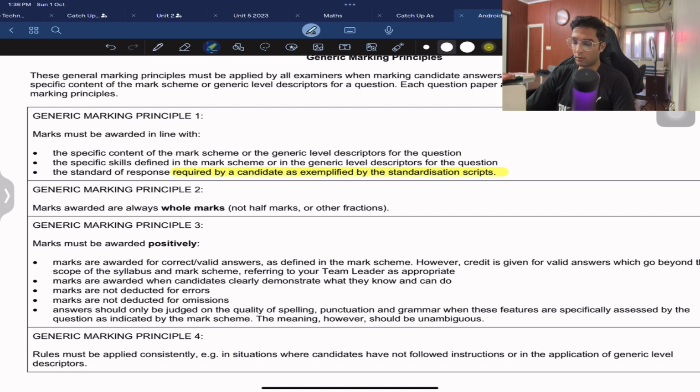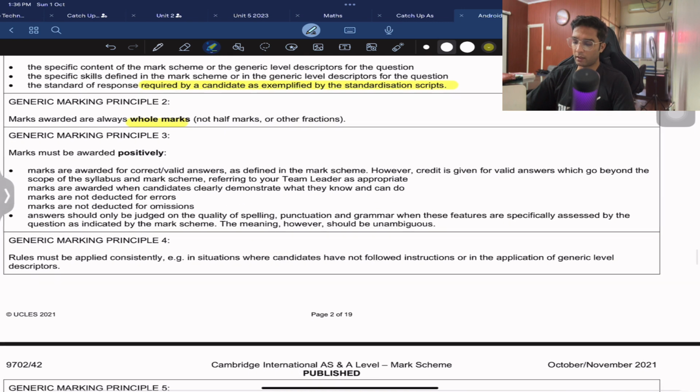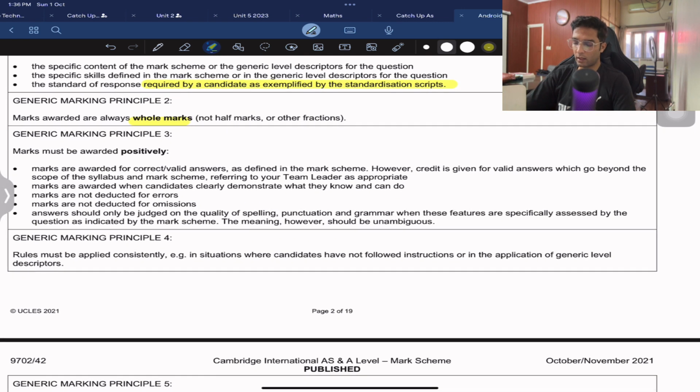Then marks are always awarded as whole marks, not half marks, as you guys know that. And marks must be awarded positively if marks are awarded for correct and valid answers as defined in the mark scheme. However, credit is given for valid answers which go beyond the scope of the syllabus, mark scheme, referring to your team leader as appropriate.